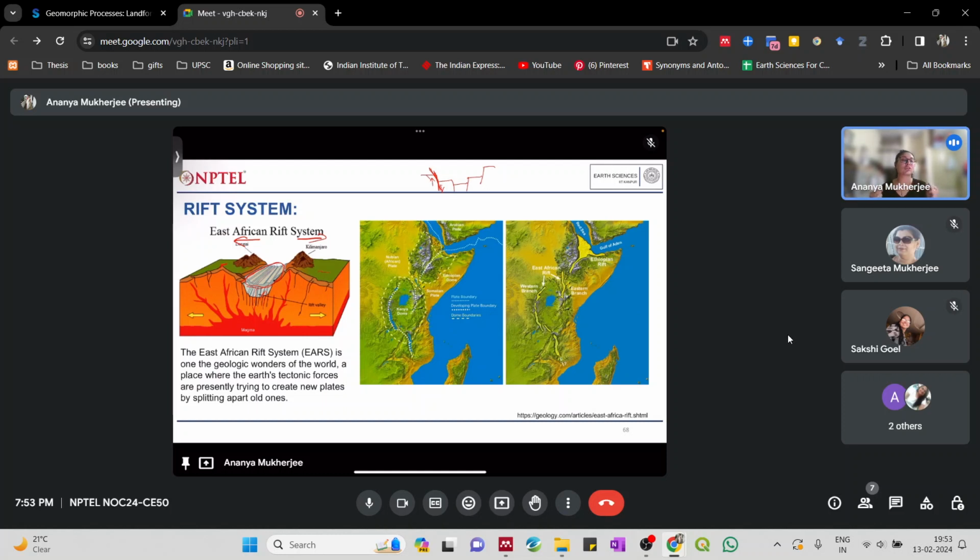Okay, so extensional processes play a role when we are talking about divergent plate boundaries, and that creates normal faults, and normal faults help in creation of rift valleys and rift systems around the earth. Okay, so any rift valley, any rift system that is created would be created due to divergent plate boundaries.